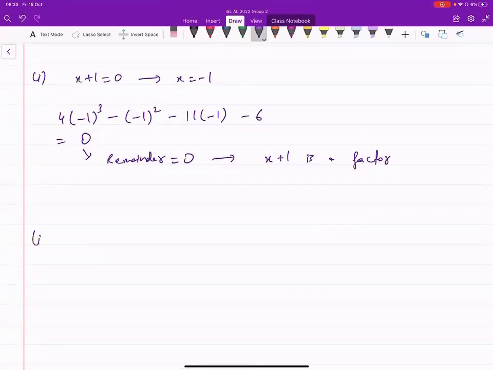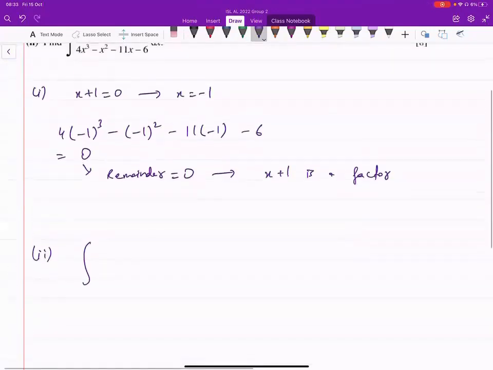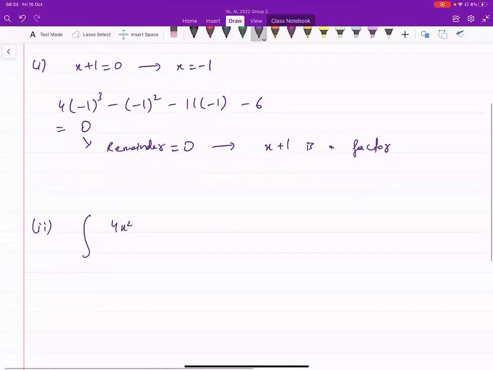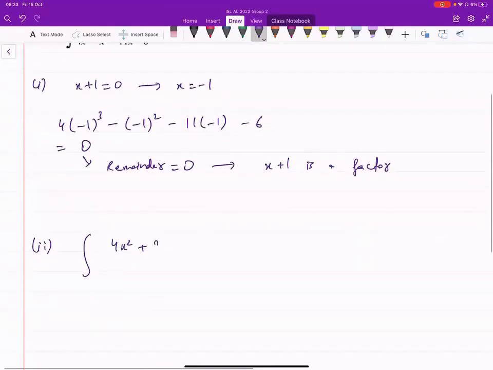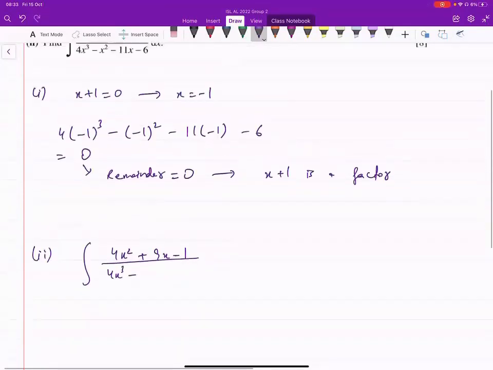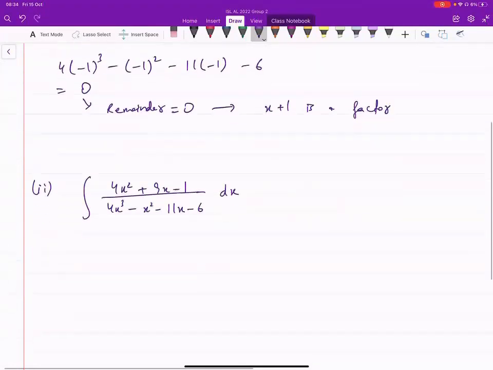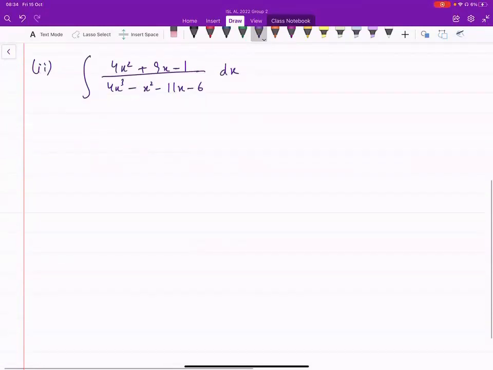It's (4x squared plus 9x minus 1) divided by (4x cubed minus x squared minus 11x minus 6). Okay, so we want to integrate this thing, right?